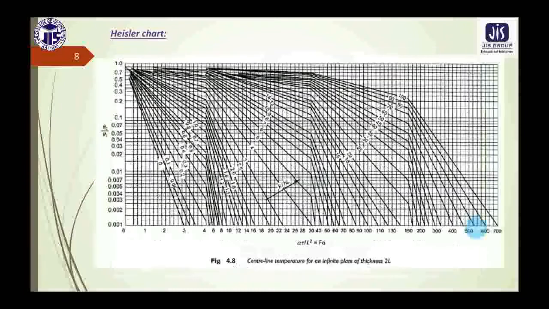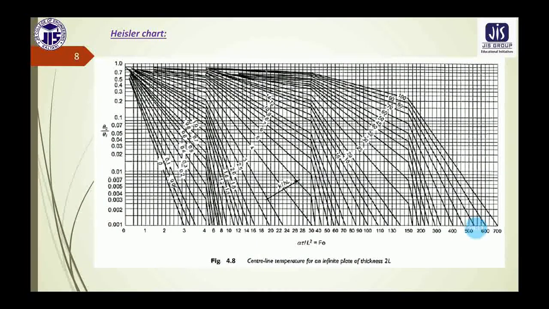Heisler chart in case of a plate of thickness 2L. Now if we look in this chart closely, the Fourier number is 3.424. So on the x-axis, from the first 0, 1, 2, 3, the Fourier number 3.424 is almost 3.5.